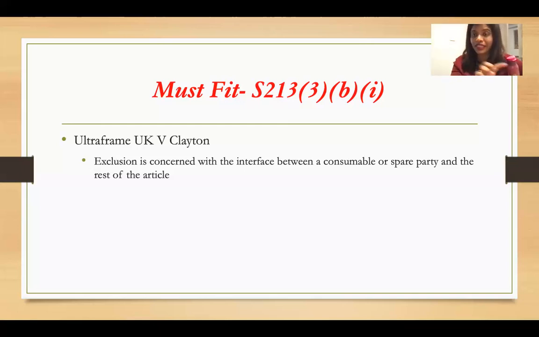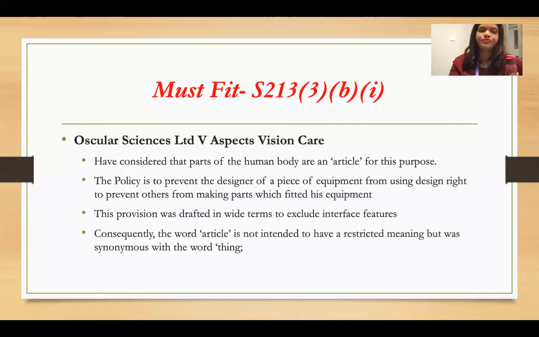Here is the principle that I have here. Ultraframe and Dyson tell you the same thing: when you are talking about Must-Fit, all that matters the most is the interference of the article, whether they are connected together, only when they're connected, they work together.